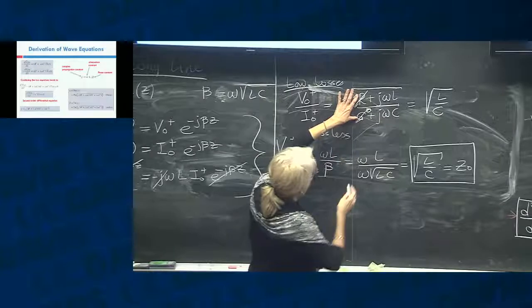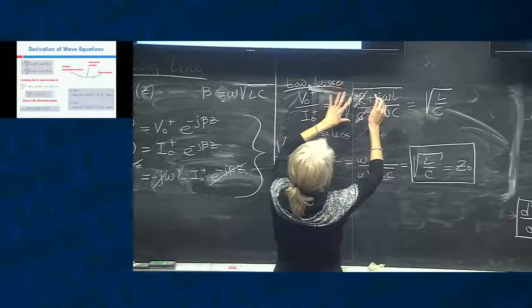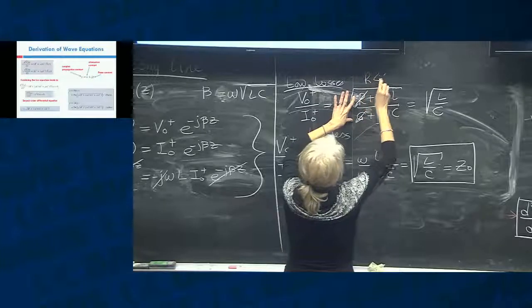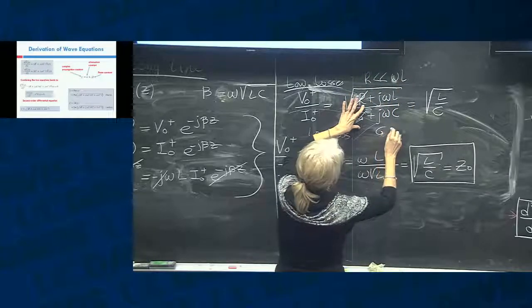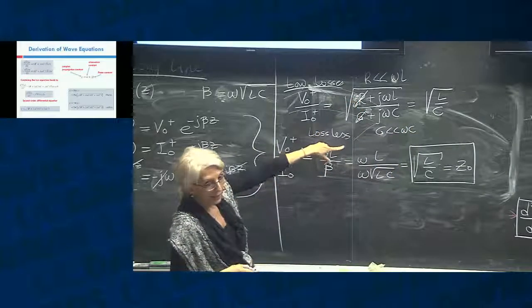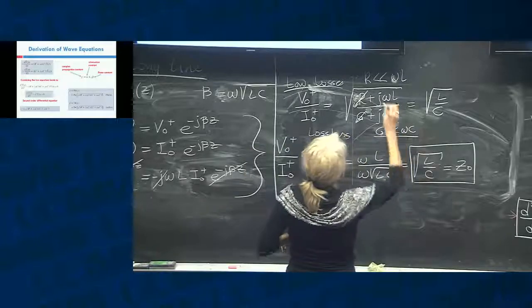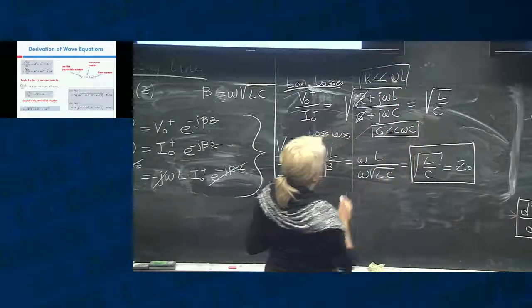Because these are so much smaller than these, and it's not exactly 0 in low losses, but R is going to be much smaller than omega L, and G will be much smaller than omega C. All right? So that will give that.